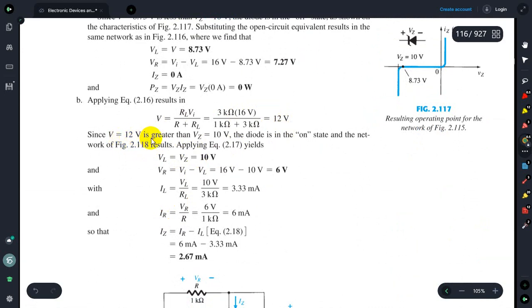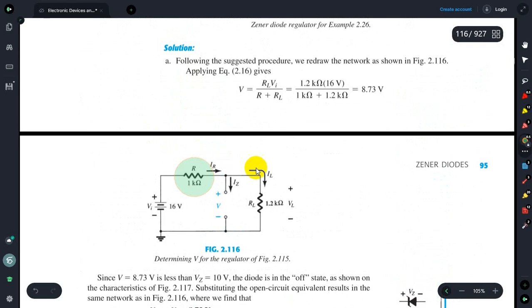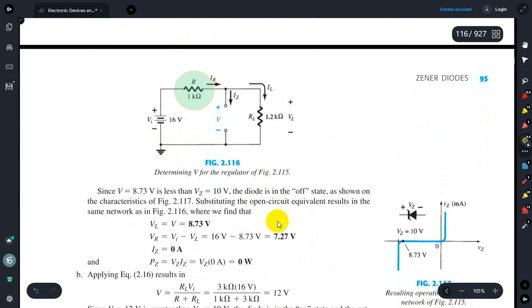Look here. As we are doing the same analysis, it will not be open circuit now. You see, we have changed the load. This is the interesting fact. Due to the change of load, what happens?